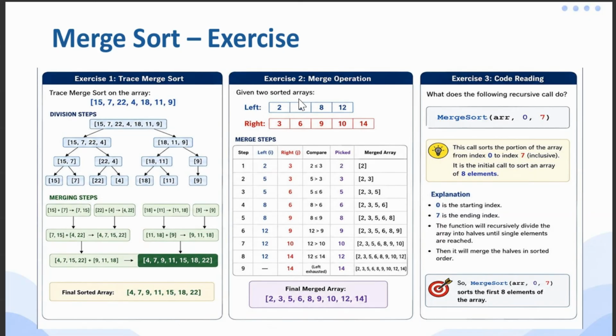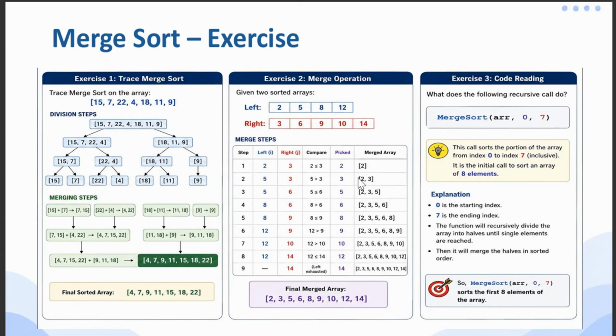So now we compare 5 and 3, right? We don't move this pointer because we haven't taken this value, right? And we have the pointer here, which is the smallest one, 3, right?